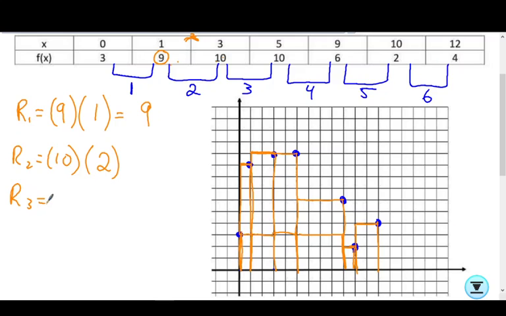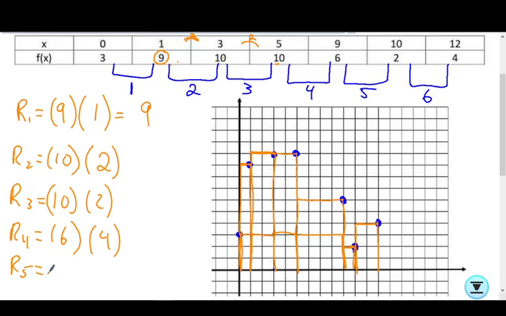Rectangle 3. From the right side, the height is 10. This distance, the width is 2. Rectangle 4. The height is 6 with a width of 4.